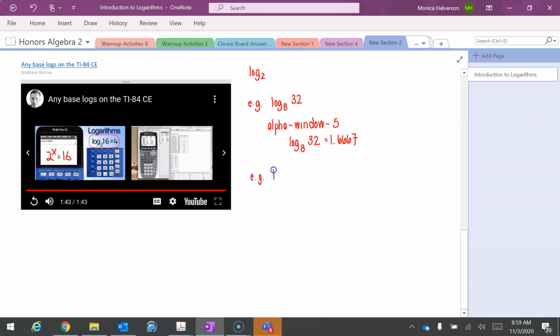The first example will be log base 5, 125. And the second example will be log base 64, 1/32.